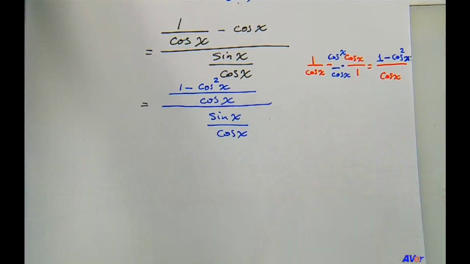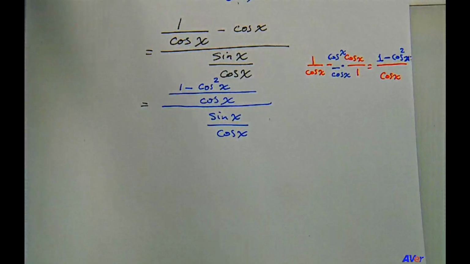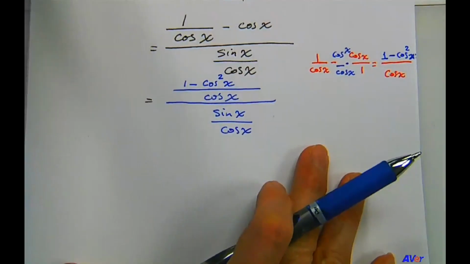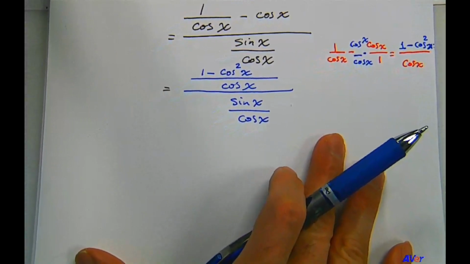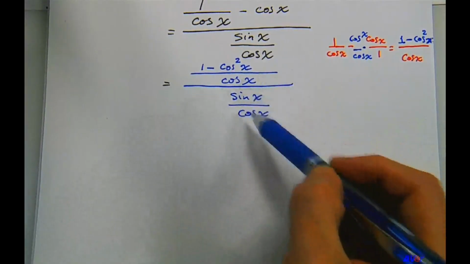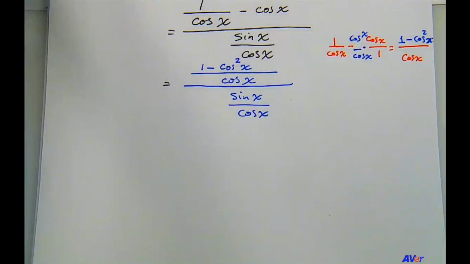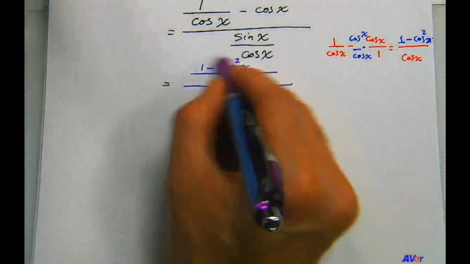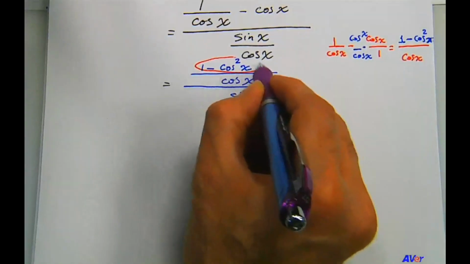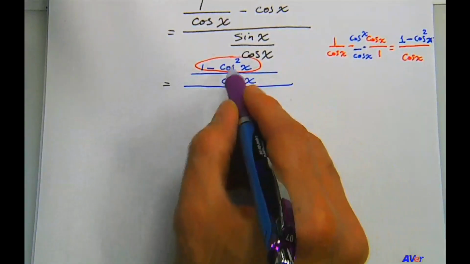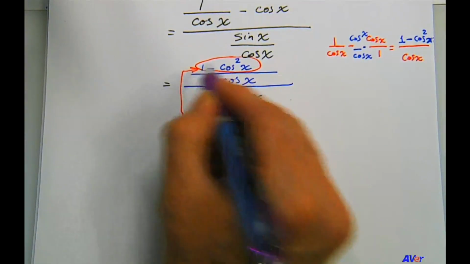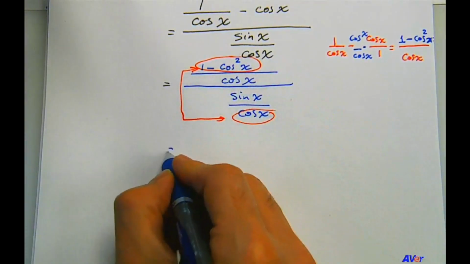There are other ways of simplifying a complex fraction, of course, but they're a little bit more time consuming than what I'm going to show you. Whenever you have complex fractions, the easiest way to simplify them is to take the farthest terms away from each other, that would be that and the 1, and multiply those by each other.